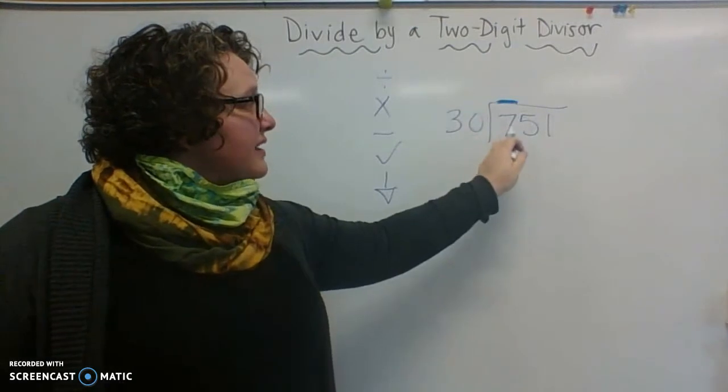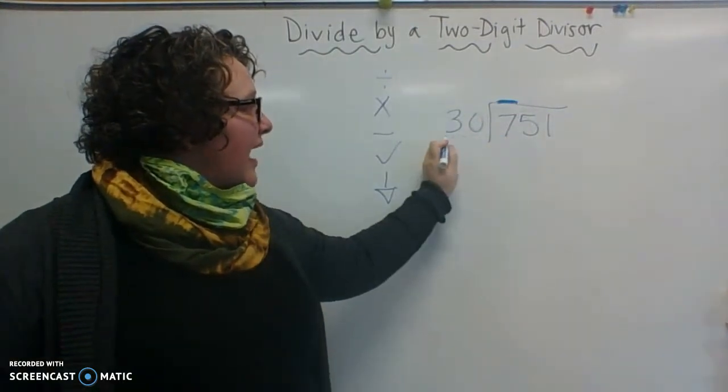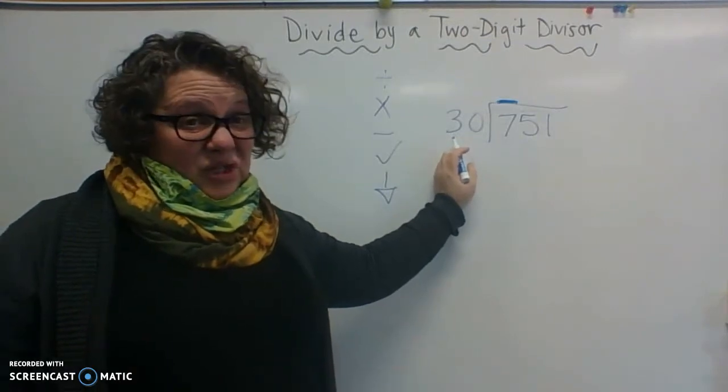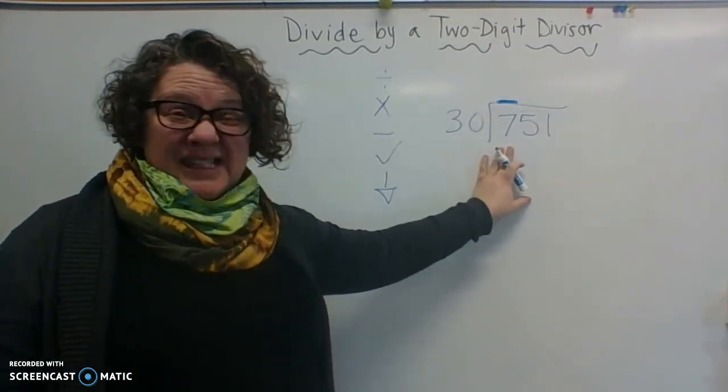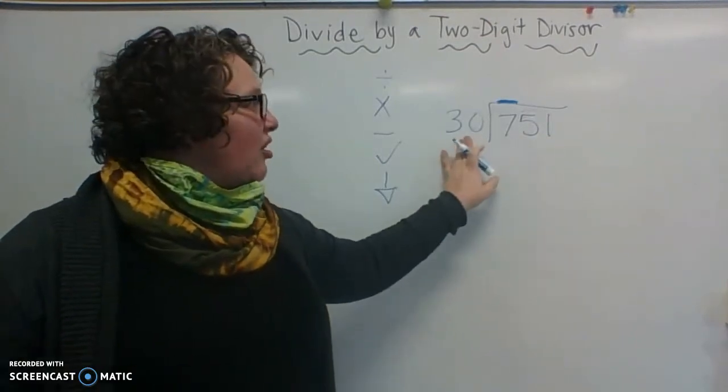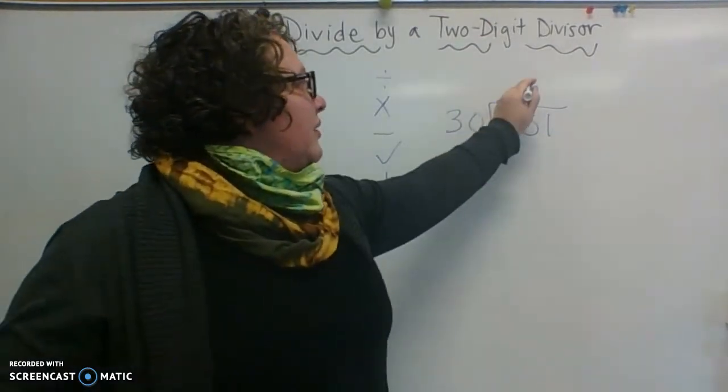But it can go into 75, and if I estimate, well, about how many times? So 30 times 2 is going to be 60. 30 times 3 is going to be 90. 90 would be more than 75, so I'm going to want to go with 2, right?